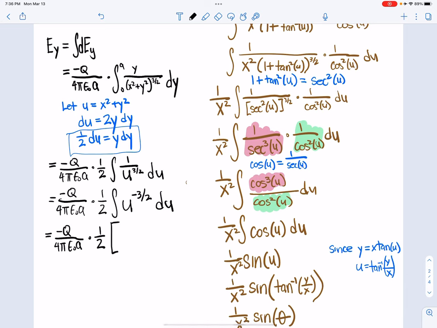And the integral of u to the minus 3 over 2 power is u to the minus 3 over 2 plus 1, which is minus 1/2. And then the denominator will also have minus 1/2. All right, that's a rule of integration. And then 0 to a.